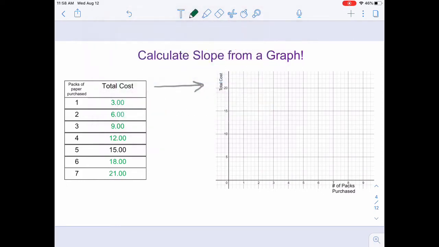So I'm going to plot a point at 1, 3, 2, 6, 3, 9, 4, 12, 5, 15, 6, 18, and 7, 21. I'm going to connect these points with a line, and now we have our graph.